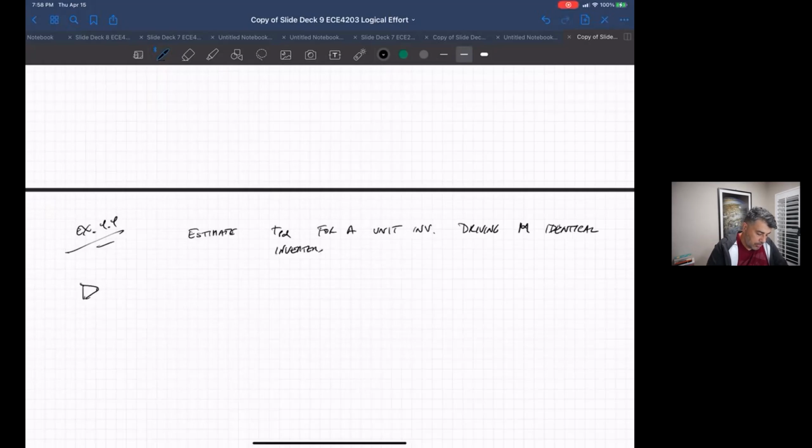So basically we have one inverter driving not just one, but M inverters.